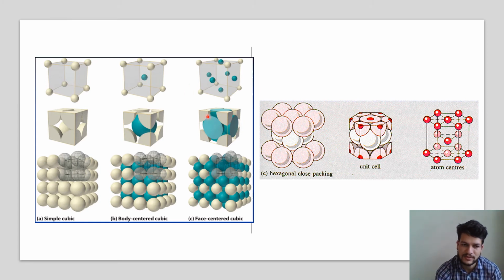There are 6 faces of the cuboid, so there are 6 atoms in the faces or walls also. So that's why it's called face-centered cubic structure. And in the hexagonal structure, there is a hexagonal arrangement like this. You can see in this figure.